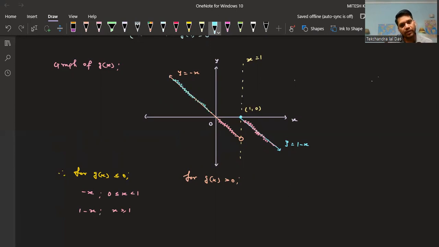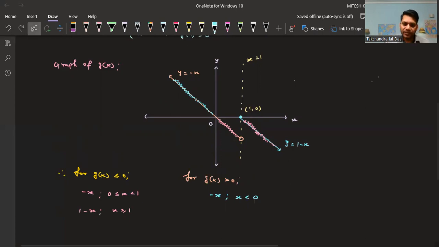This part is above the x-axis. So clearly it is minus x, and this is for x less than 0. We should not include 0, because for x equal to 0, g(x) is 0, but we should not take g(x) equal to 0, because in this branch it is not given. It is not included, in fact.